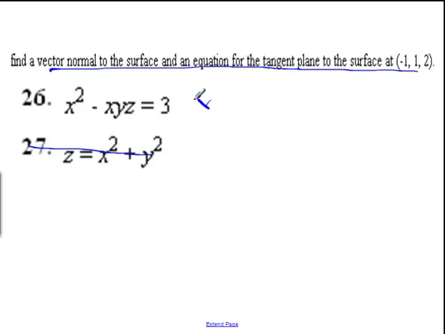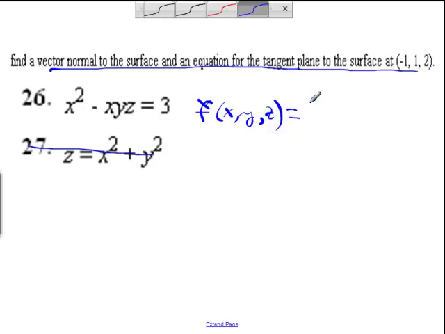So our gradient vector, well, first of all, just to be most careful, let's write this as f of x, y, z equals x squared minus xyz minus 3.